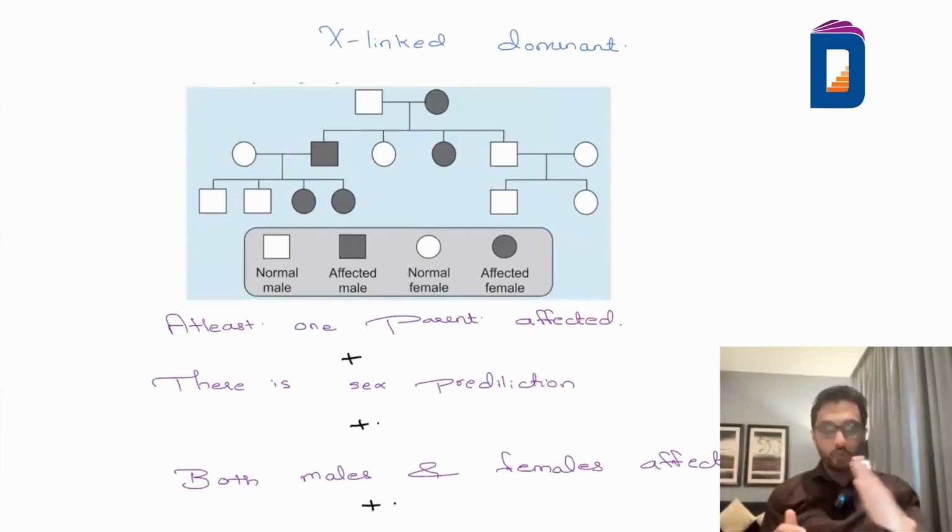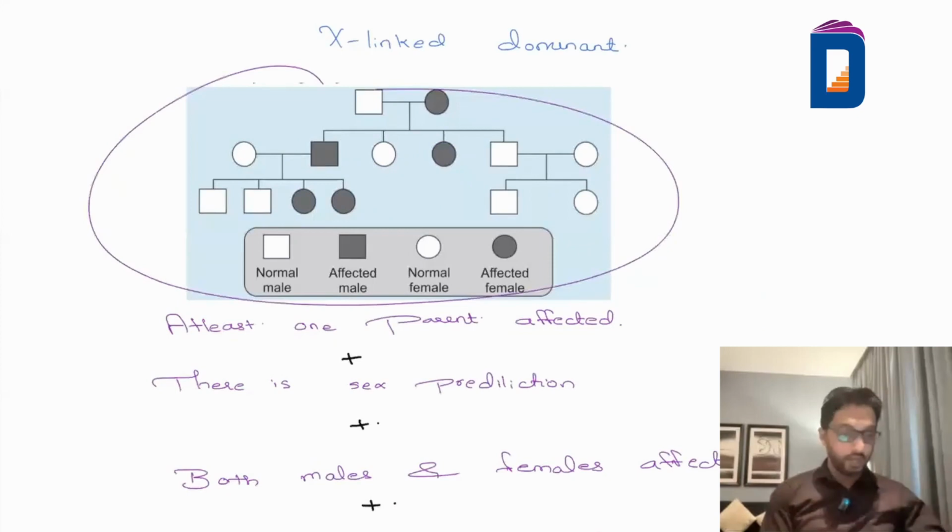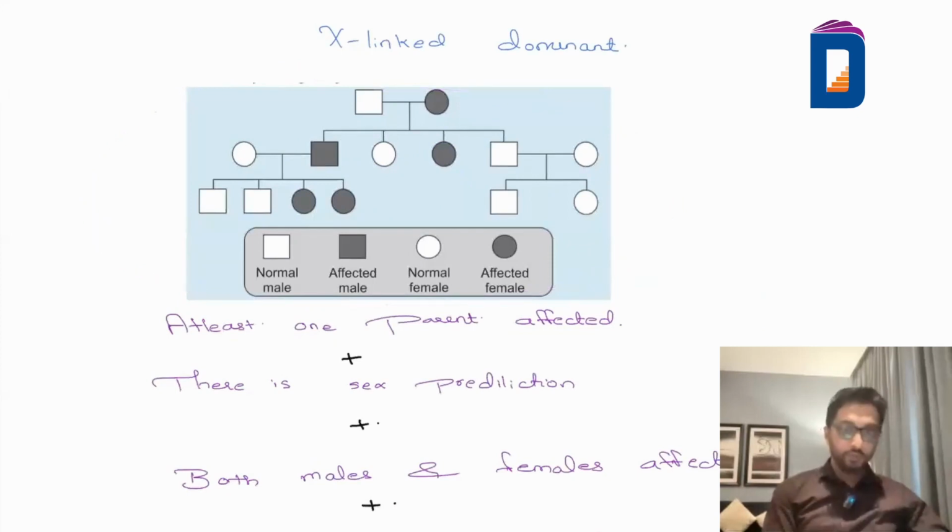Got it? So going back to our analysis, you check if there is a sex predilection or not. You get this chart in your exam, and you see if there is a sex predilection or not. First step is mitochondrial.